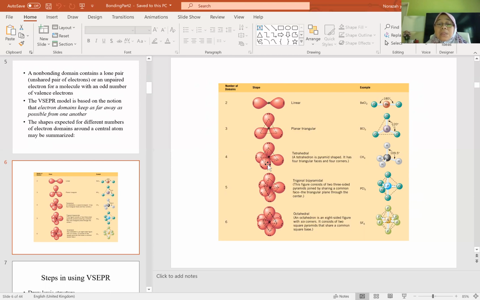Electronic structure is based on the total number of domains, but when we are discussing molecular structure, it has to be separated into non-bonding and bonding domains.